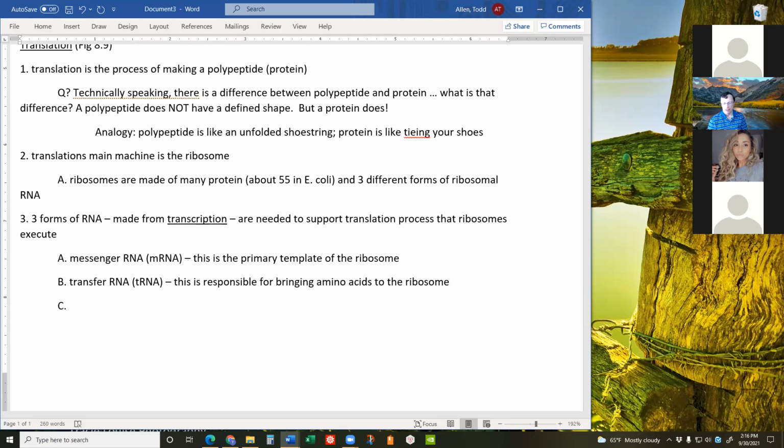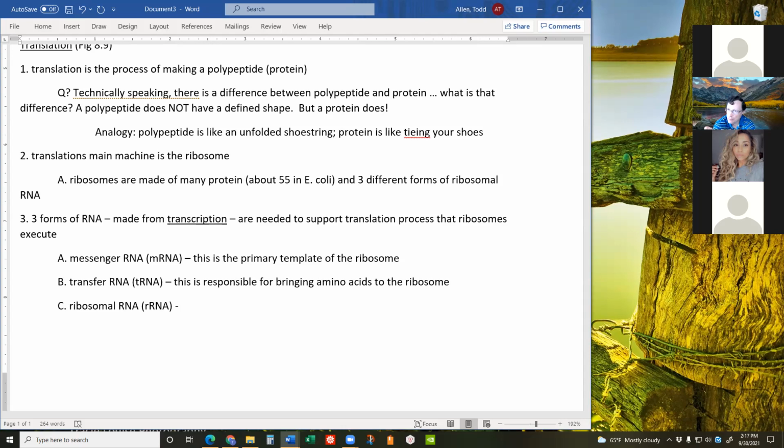Next, ribosomal RNA. This piece of RNA is a structural component of the ribosome. If you were to break apart a ribosome and look what's inside, you would find ribosomal RNA. And it might be of interest to you that the ribosomal RNA in the ribosome is also responsible for joining the amino acids together.